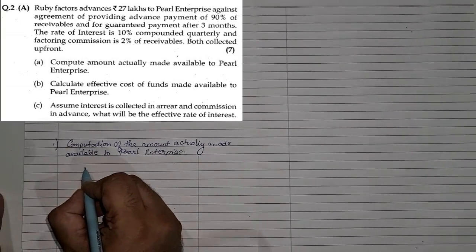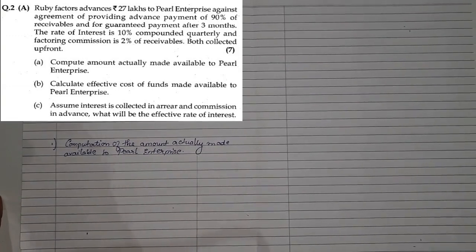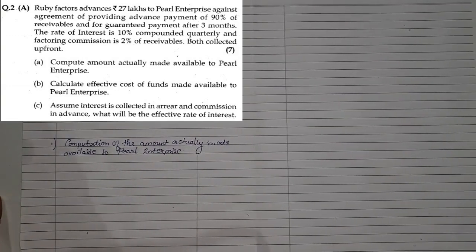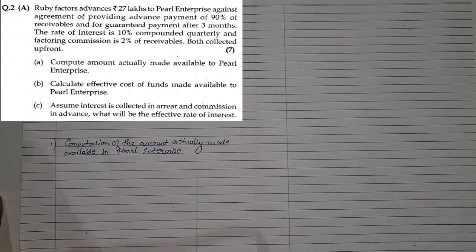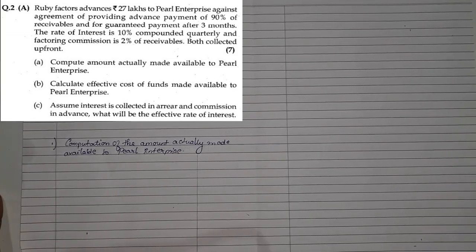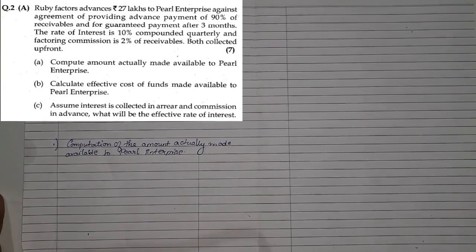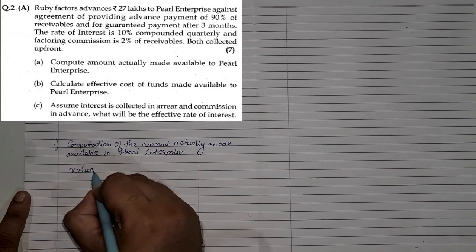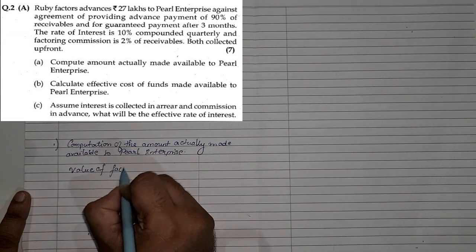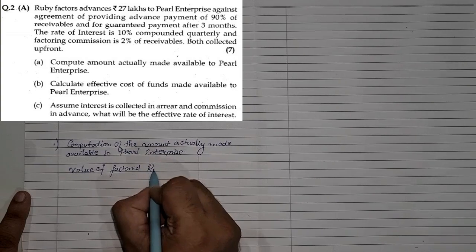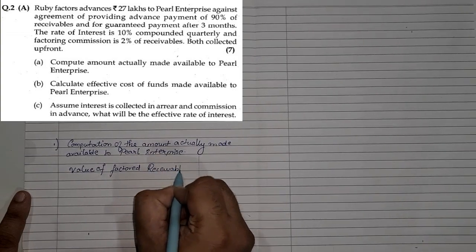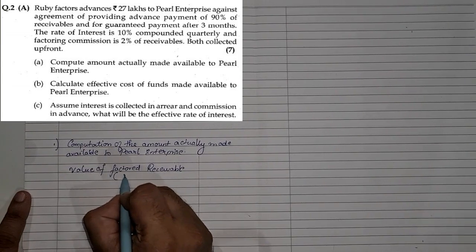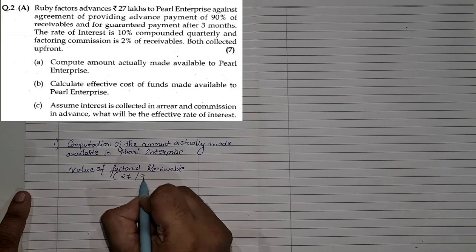The very first thing, remember: whenever they give you a receivable in percentage form, the amount given is based on that percentage, so we need to find the total. Here the value is 27 lakhs and 90% receivable, meaning 90% is 27 lakhs, so how much is 100%? The very first thing will be the value of factored receivable, which will be 27 lakhs divided by 90%.